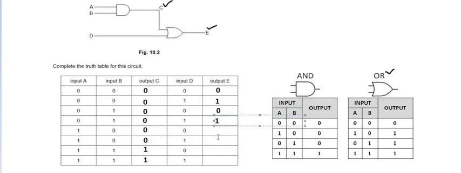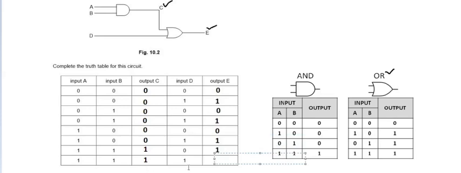For 0 and 0 again the same case, so the output is 0. Then for 0 and 1 again the same case, the output is 1. These are repeating values. The next input is 1 and 0. You can see in the truth table, in the second row, 1 and 0, the output is 1. So again I will put the output 1 here. The last case, the inputs are 1 and 1.